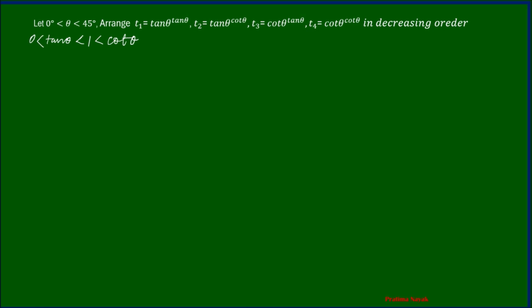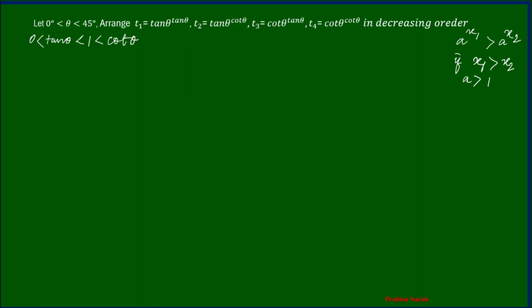And also we know that if the base remains the same, a power x1 is greater than a power x2 if x1 is greater than x2 when a is greater than 1. If the base is greater than 1, then a power x1 is greater than a power x2.